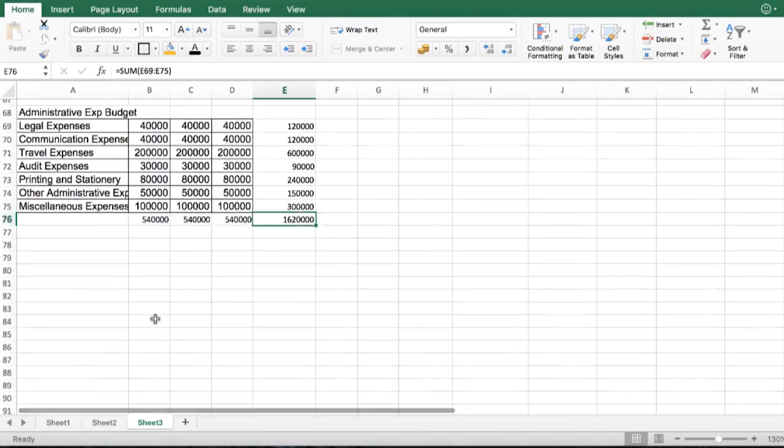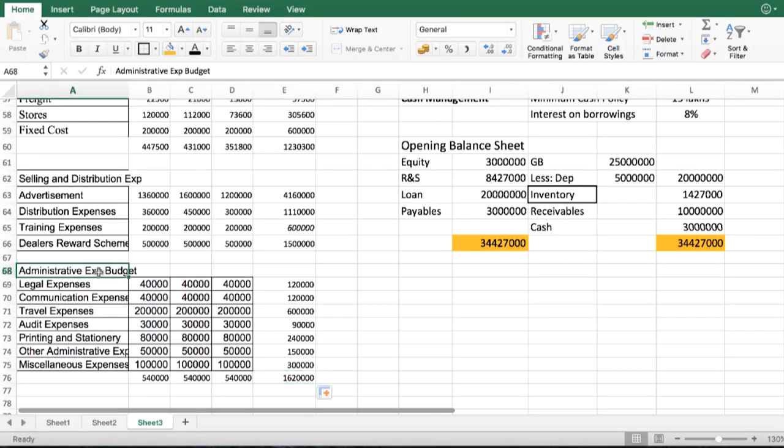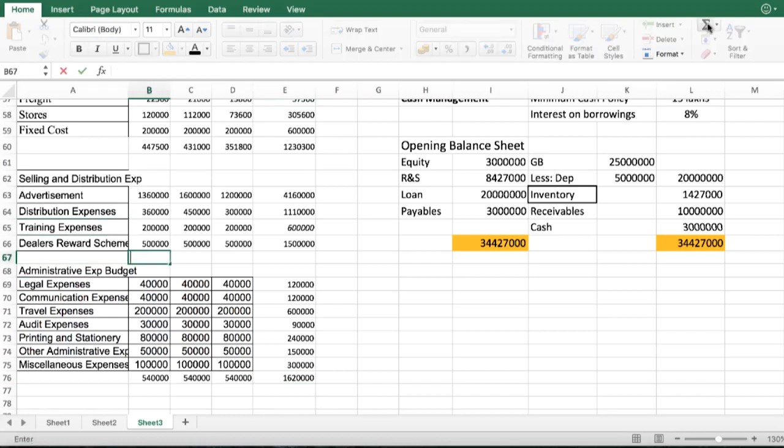This completes the values which are required for operation, administrative and selling and distribution expenses. We will also put the selling and distribution total for the quarter. This is a total value.